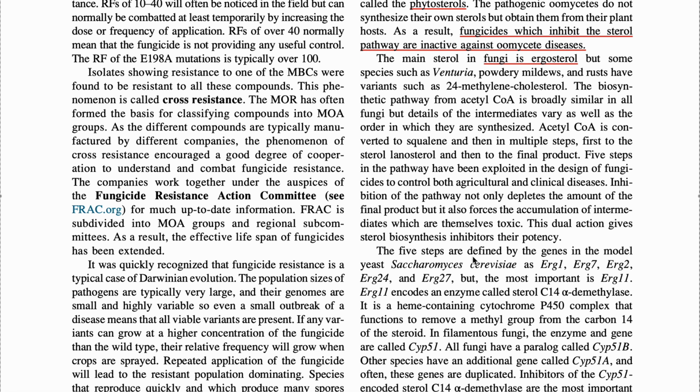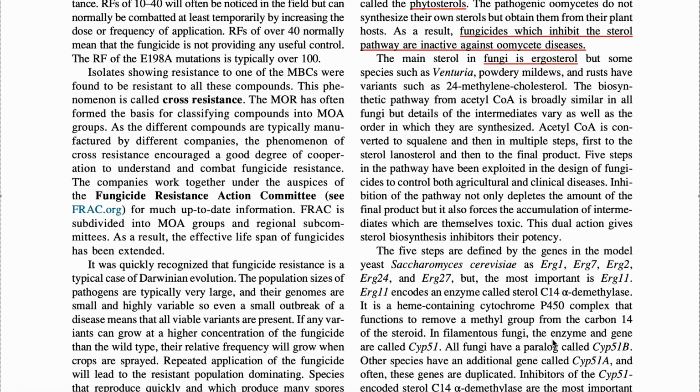The five steps are defined by the genes in the model yeast Saccharomyces cerevisiae, for example ERG1, 7, 2, 24, 27, but the most important is ERG11, which encodes an enzyme called sterol C14 alpha demethylase. It is a heme containing cytochrome P450 complex that functions to remove a methyl group from the carbon 14 of the sterol.